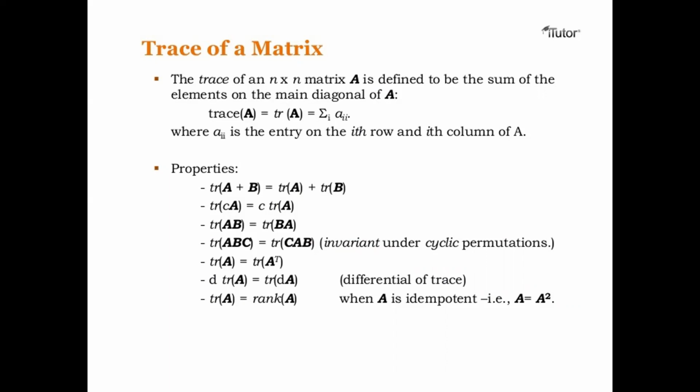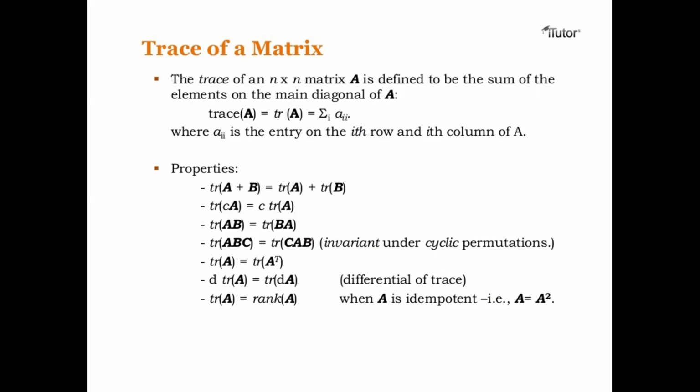Trace of A plus B equals trace of A plus trace of B. Trace of C times A equals C times trace of A. Trace of AB equals trace of BA. Trace of ABC equals trace of CAB, that is, it is invariant under cyclic permutations.